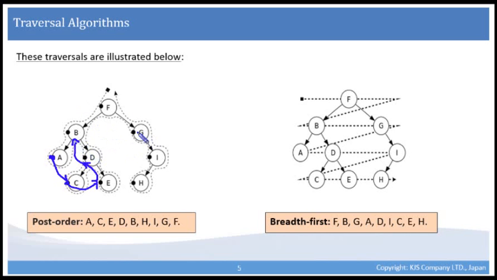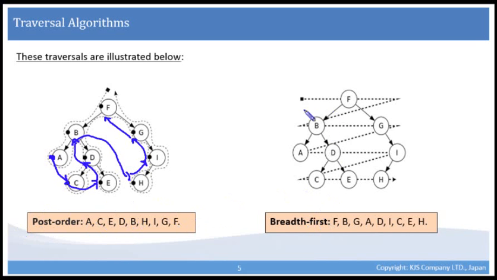The right child would be G, but then G has a right child, which is I, which also has a left child, which is H. So we would end up at H, and then go to I, and then to G, and then to F, back up the chain. And so this is the post-order algorithm here.